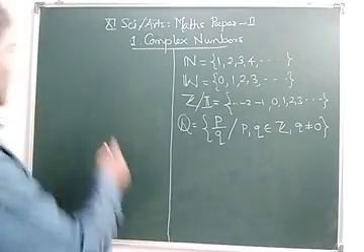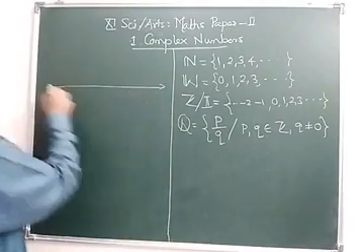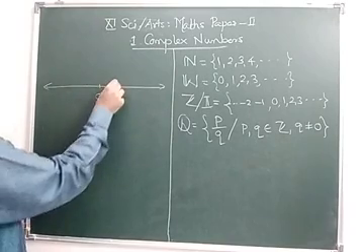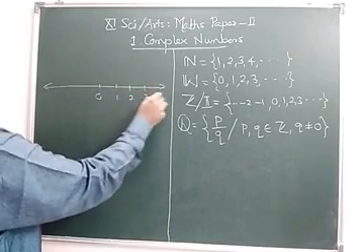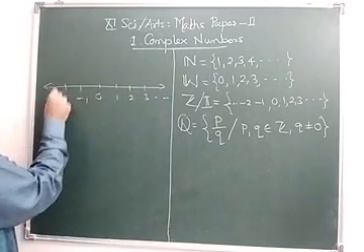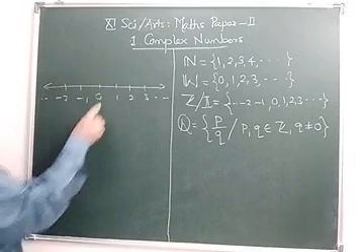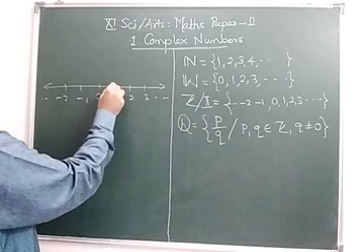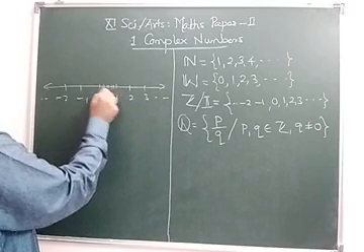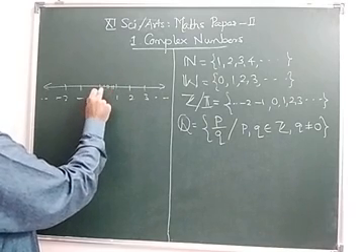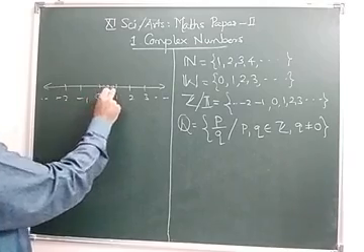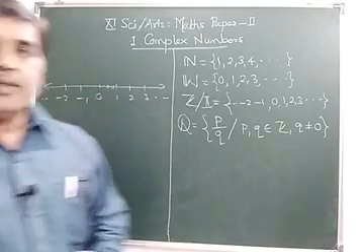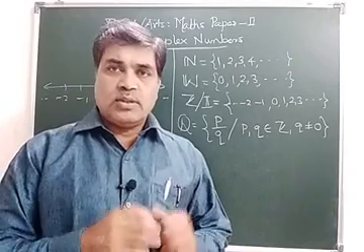If I take some line, say 0, 1, 2, 3, and so on, -1, -2, here I will represent the integers. Between 0 and 1, if I partition the interval into 10 equal parts, I will get 1 by 10, 2 by 10, 3 by 10, etc. But those are in the form P by Q, so those are also rational numbers.